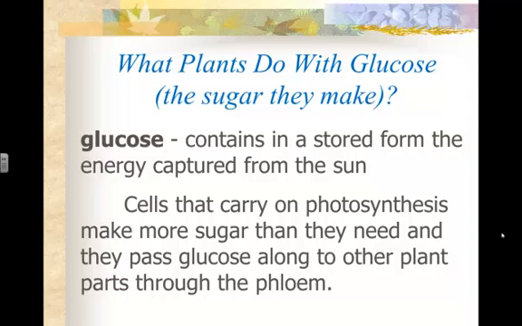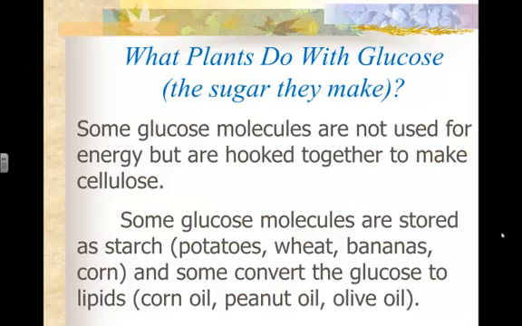So cells carry on photosynthesis, and they're making a lot more sugar. So here's where that sugar is going to. In some, the glucose molecules are not used for energy, and they're hooked together to make cellulose. Now remember, some they're using on their own in cellular respiration.